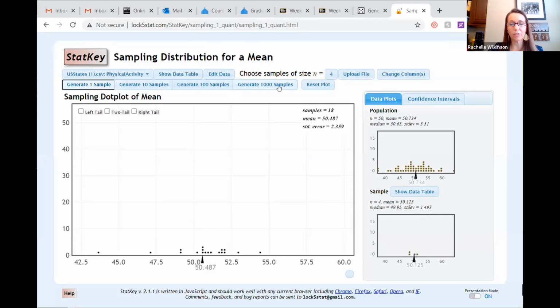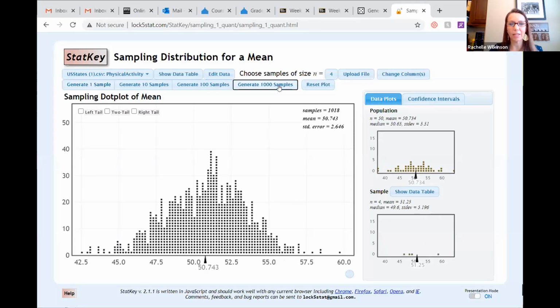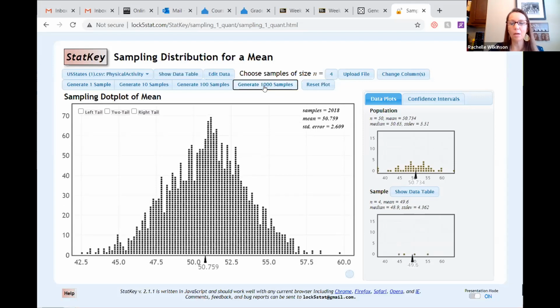But you'll notice there's this option to generate 1,000 samples. This is how we're going to get places quick. On your homework, especially your Wiley Plus homework, you're going to want to generate a whole bunch of samples, like a minimum of 3,000, probably even more, like 5,000 or even 10,000.